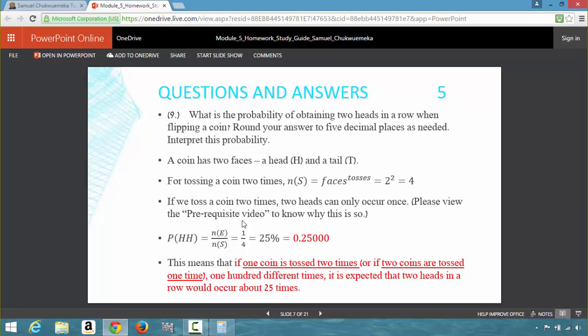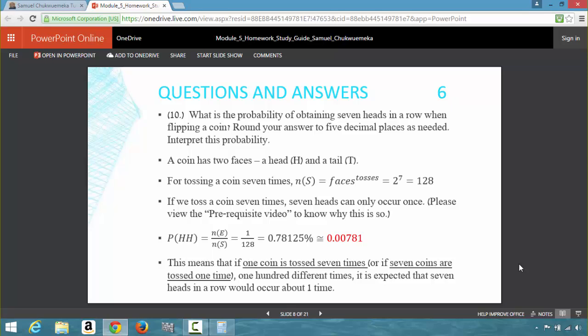Tossing a coin 2 times or tossing 2 coins 1 time is the same. So 25% means 25 out of 100. That means that out of 100 times, it is expected that 2 heads in a row would occur about 25 times. You get about 2 heads about 25 times if you toss it 100 times. That is what it means.